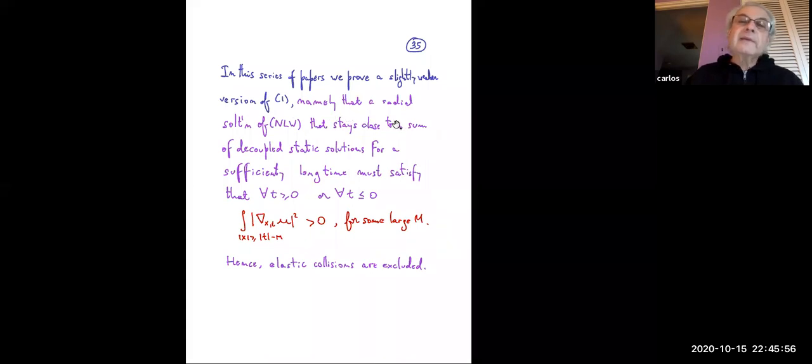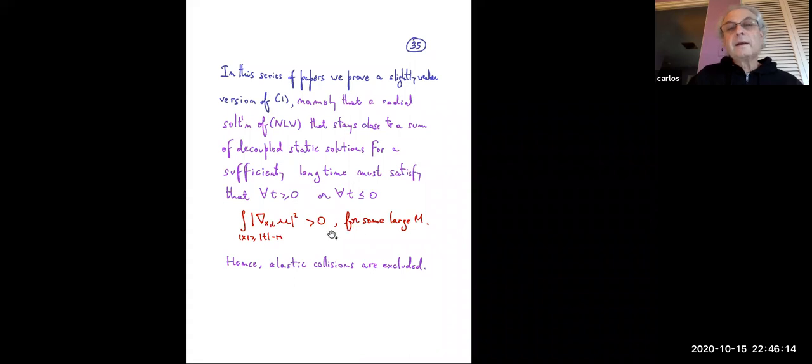And it says the following. Suppose we start with a radial solution of the nonlinear wave equation that stays close to a sum of decoupled static solutions for a sufficiently large time.